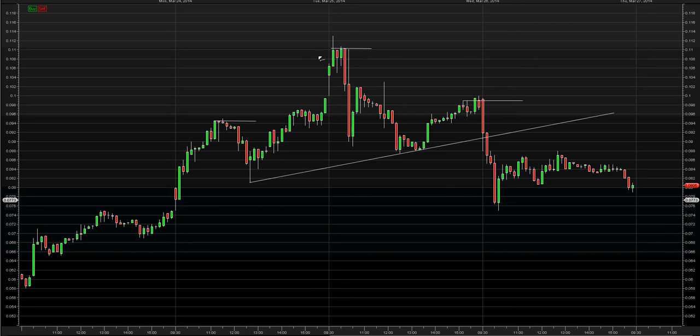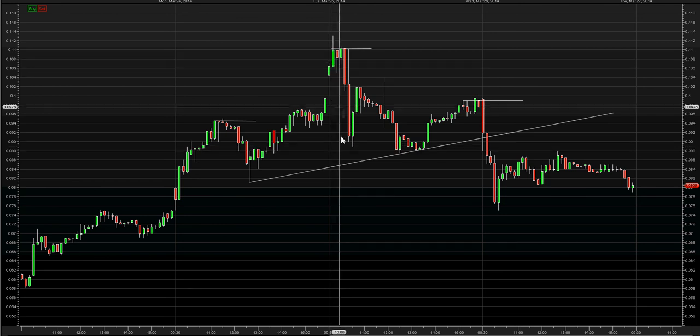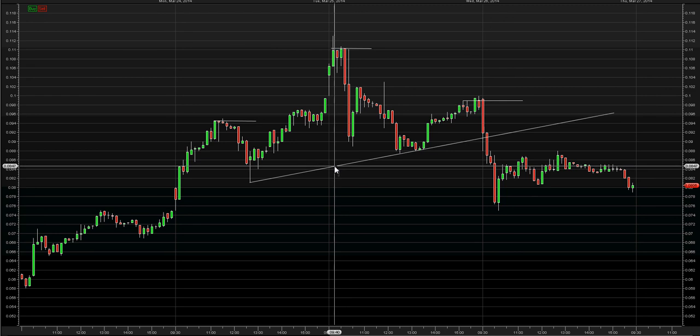What you do is you take the price distance from the head, from this intraday high, to the neckline. So the high comes in at 0.113, and we'll say that the neckline comes in at 0.0846.